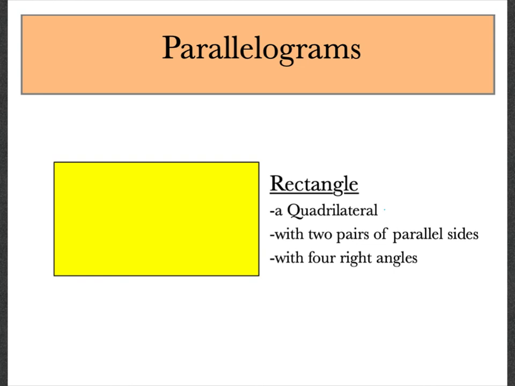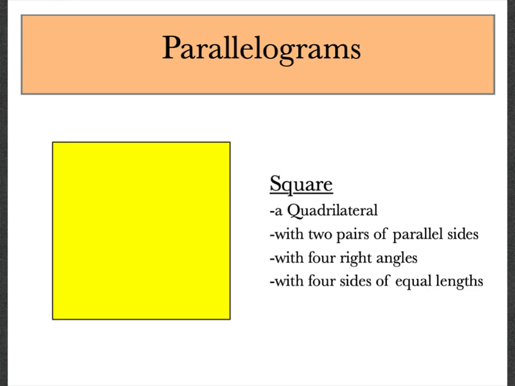Now, what makes a rectangle is that it has four right angles. So this is a right angle, this is a right angle, this is a right angle, and this is a right angle. So we have two pairs of parallel lines and four right angles. That is what makes a rectangle.